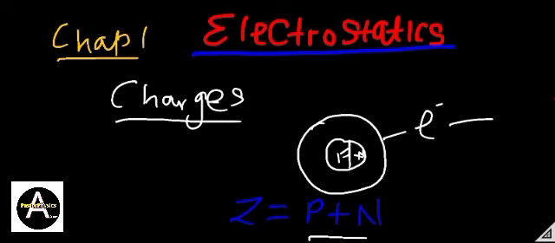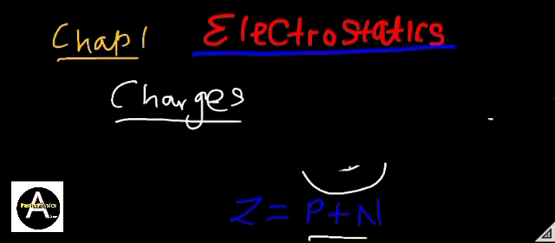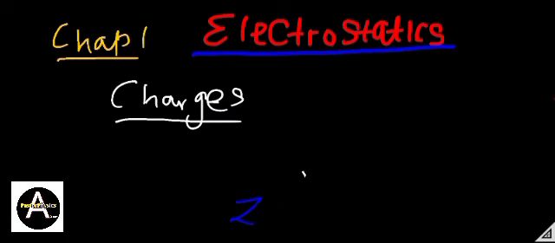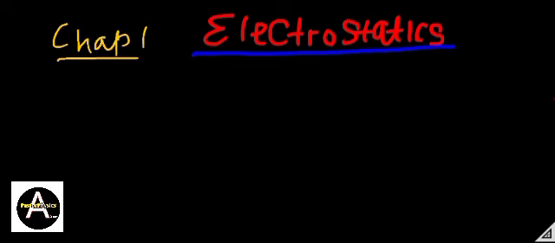All right, the next presentation we'll be going to now is called the fundamental principle of charges. Now, in this fundamental principle of charges, we have two principles. The first principle here is the principle of charge conservation, and the next principle is called the principle of charge quantization. But first, let us go into the principle of charge conservation.